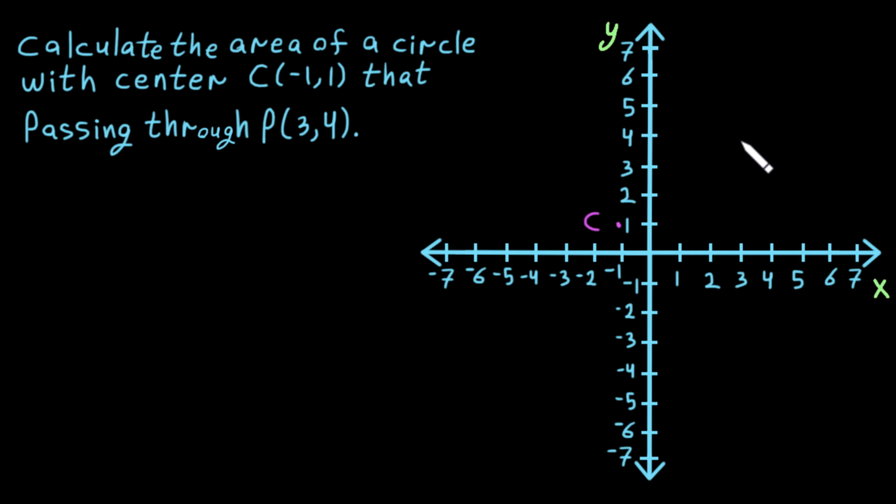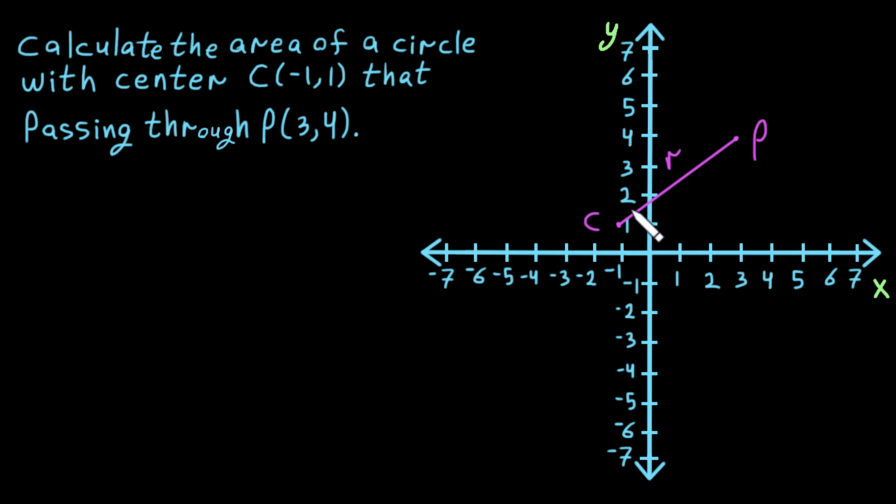It will be here. This point is P. The line segment between the center of the circle and the point on the circle is the radius of the circle. So if we connect these two points, from here to there, this one is the radius.